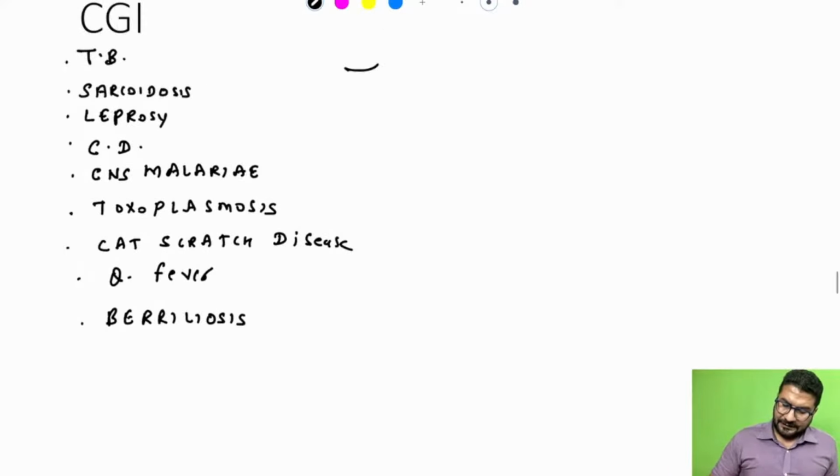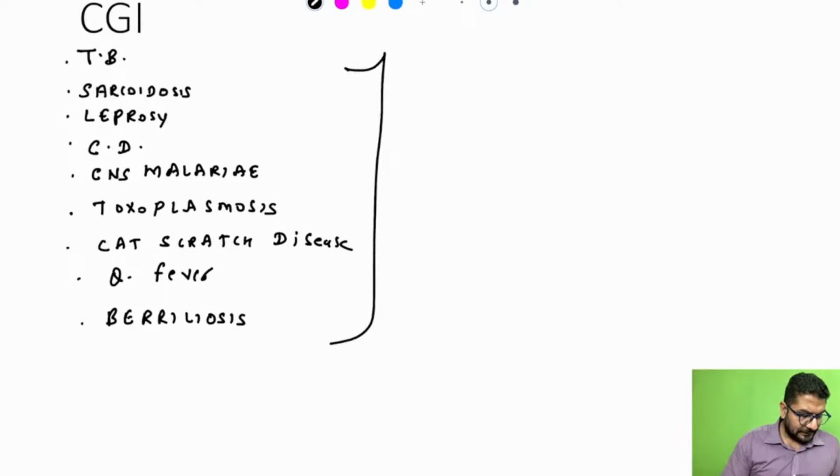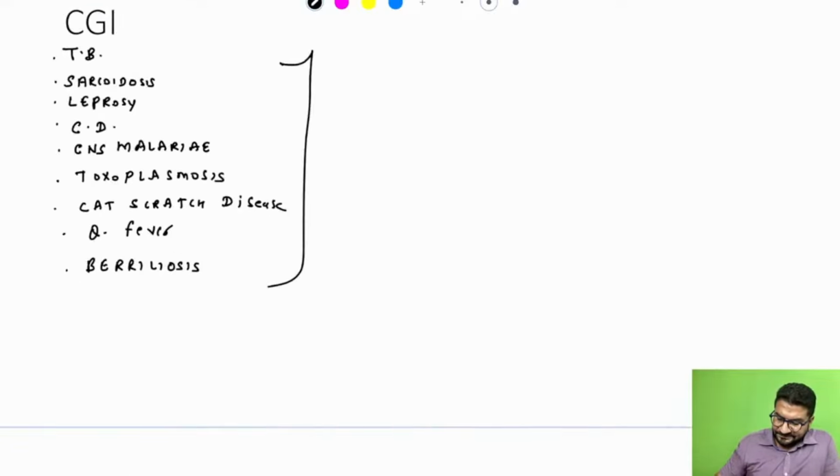So these are examples of granulomatous inflammation. These are the inflammations where we have formation of granuloma.